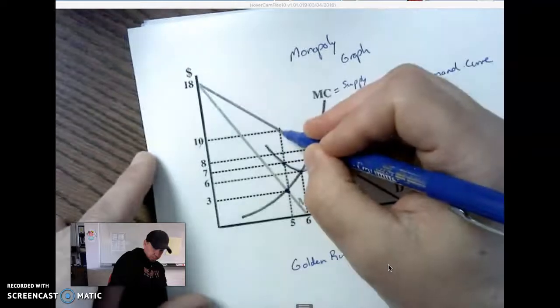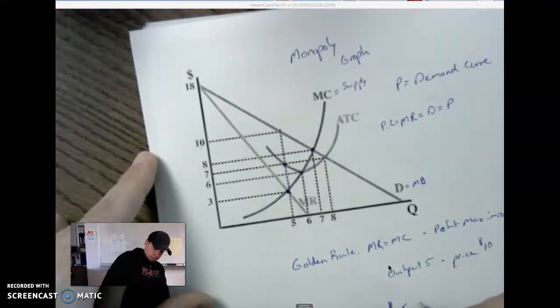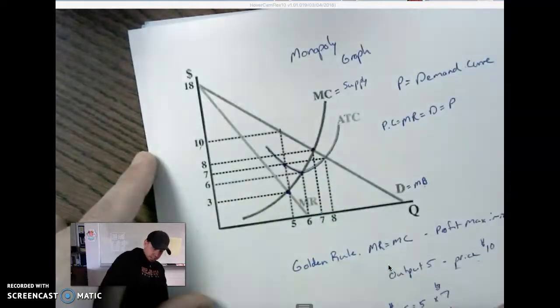So we go up and get 10, and our total revenue is 5 times 10, which is 50. This is our total revenue, this is our total cost.